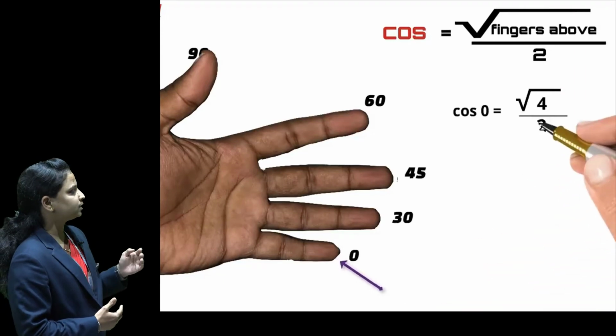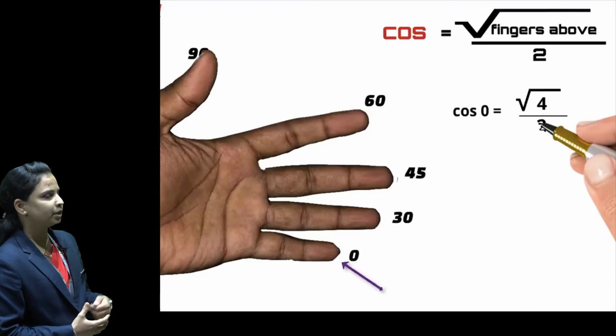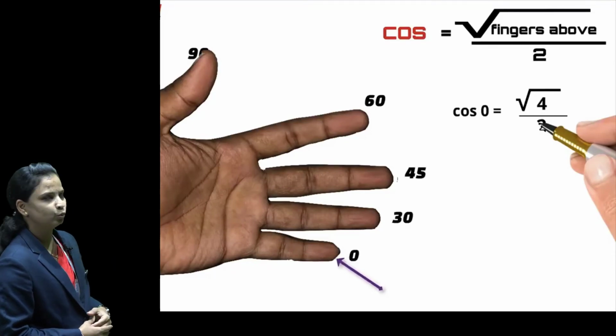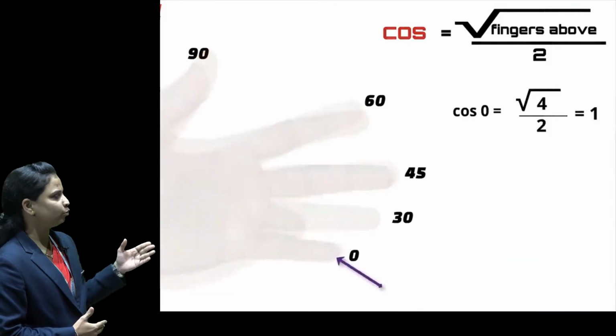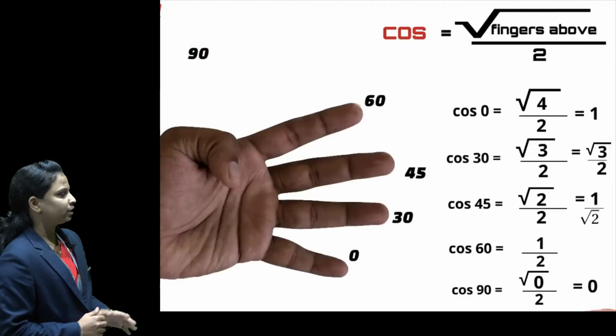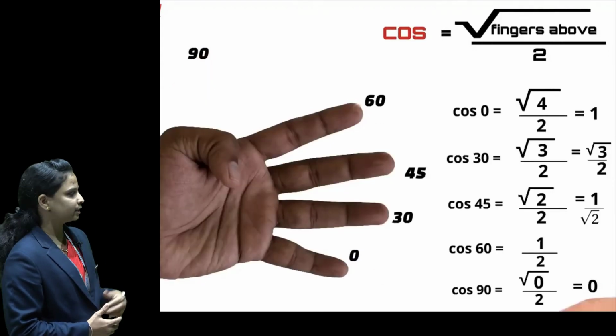So we write cos 0 is equal to square root of 4 divided by 2, is equal to 2 divided by 2, and see, cos 0 is equal to 1. Similarly, we can find the remaining values as well. See this one.